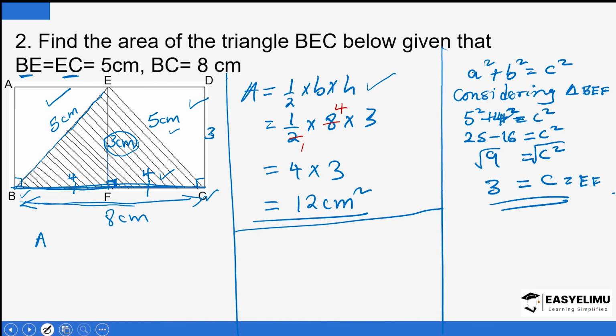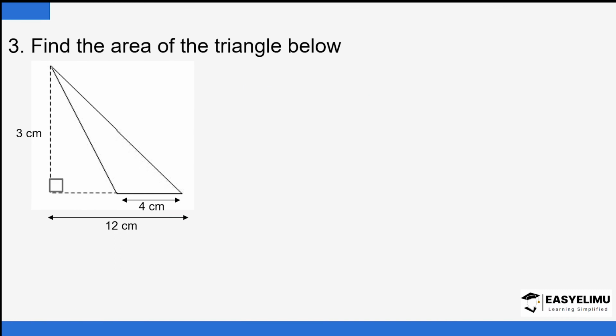Okay, so we have the last example here. So area again is given by a half times base times height. So base is 4 and height is 3.